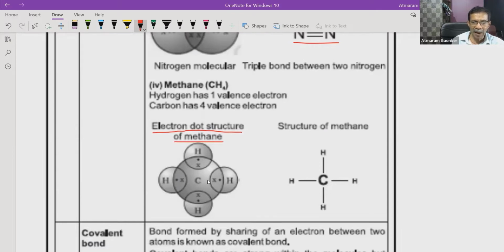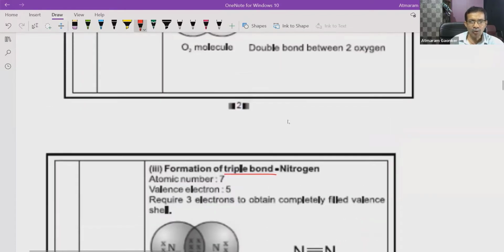At the center is the carbon, and each bond is connected with a hydrogen. This is the structure of methane. So if you are asked to draw the structure of methane, then you draw this. If you are asked to draw the electron dot structure of methane, you have to draw this. I hope this is clear to you.